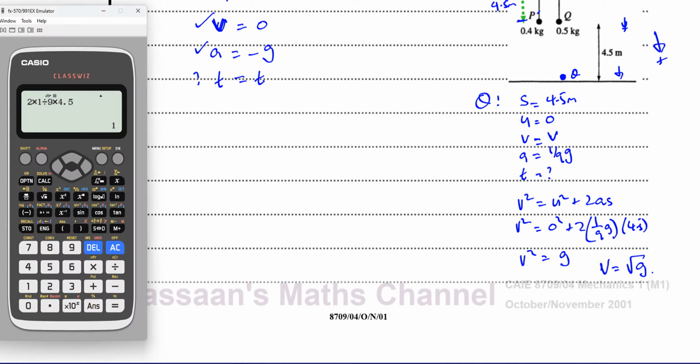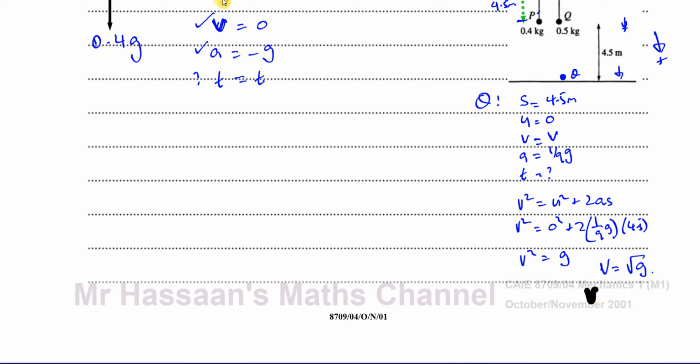So if we work that out, it's the square root of 10 for Cambridge, not 9.8, which is going to give you 3.16. I'll leave it as root 10. So v is equal to the square root of 10 meters per second.